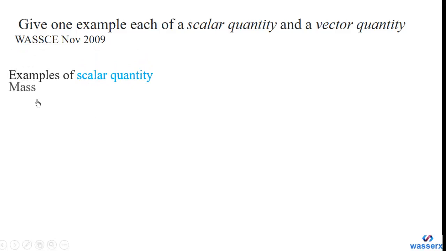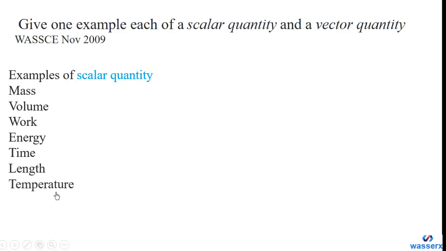These are mass of an object, the volume of an object, work, energy, time, length, temperature, area, speed, then power. All these are examples of a scalar quantity. We can see that all these are physical quantities that have size or magnitude.